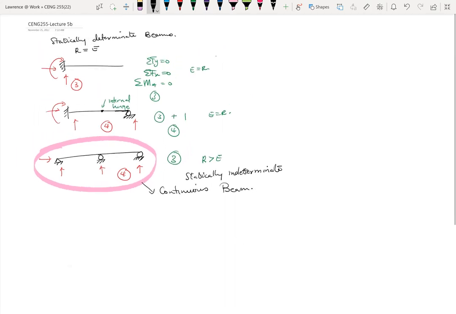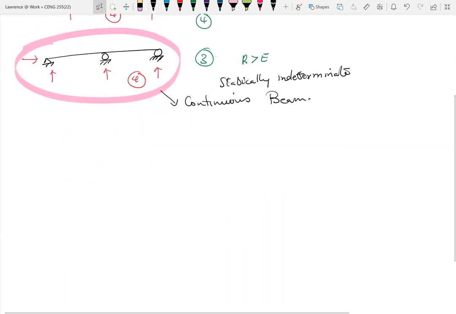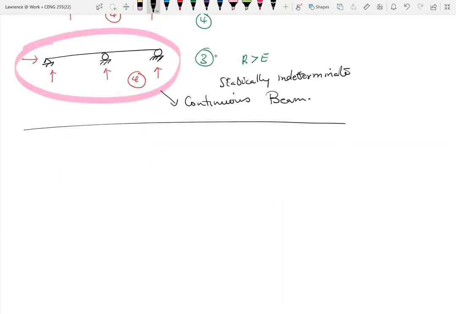So let's look at continuous beams broadly.